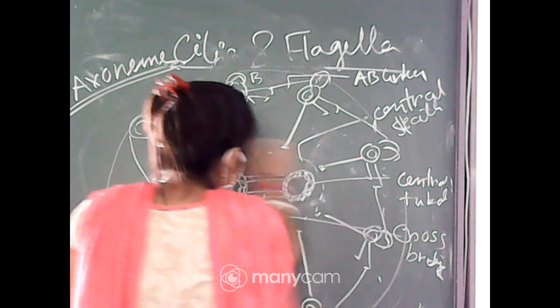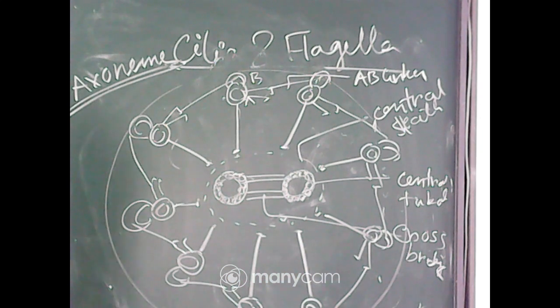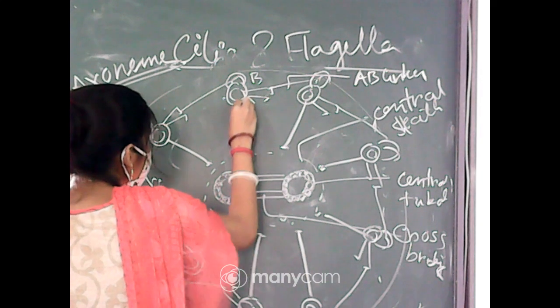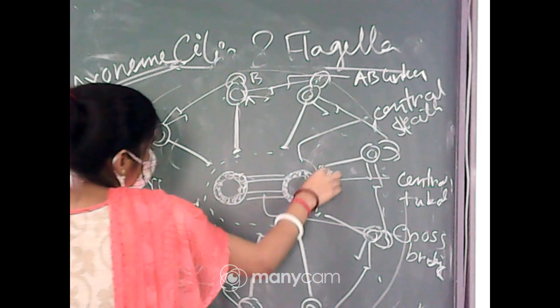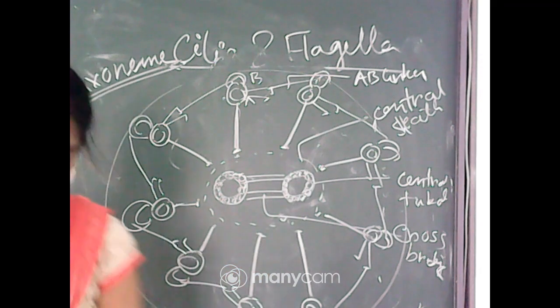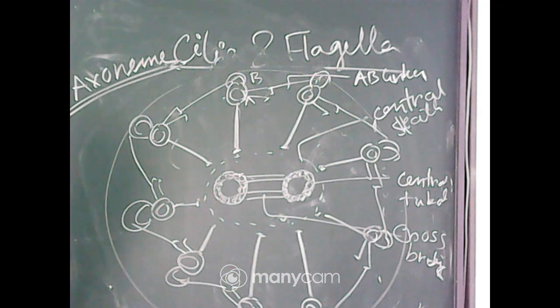It is enclosed by a central sheath which is connected to the tubules of the peripheral doublets by a spoke-like structure. So some spokes are coming out from that part, and these spokes are called radial spokes. Okay, thus there are 9 radial spokes attached.